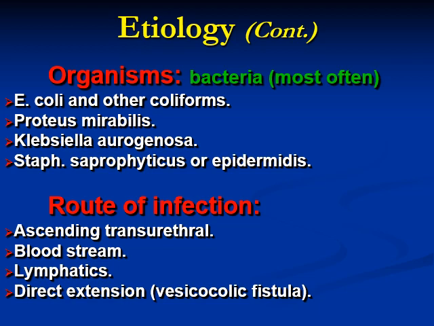Regarding the route of infection of the urinary tract, by far the most common route is the ascending transurethral route. Other routes include the bloodstream, the lymphatics, or direct extension through a vesicocolic fistula, which communicates the GI and the urinary tract.